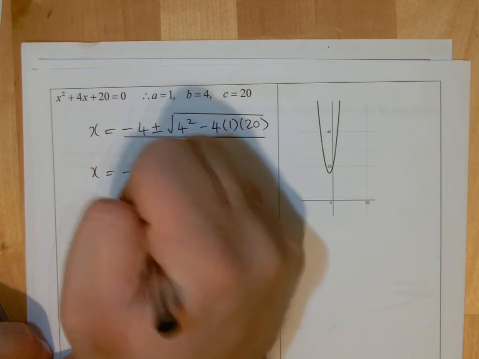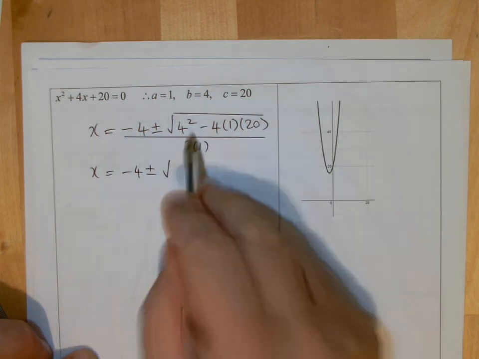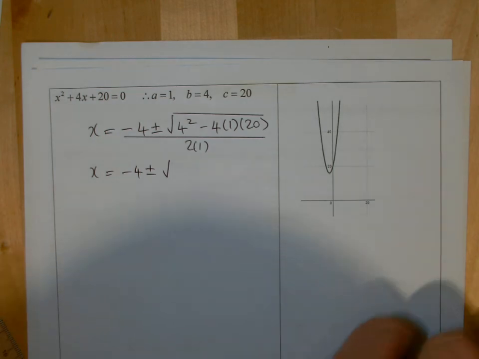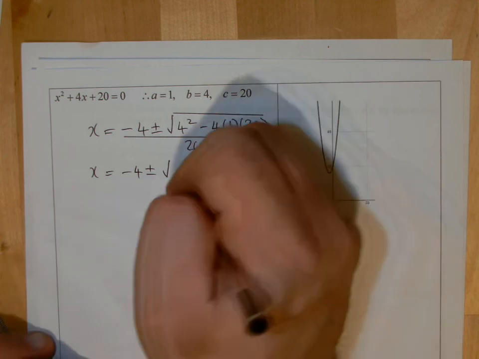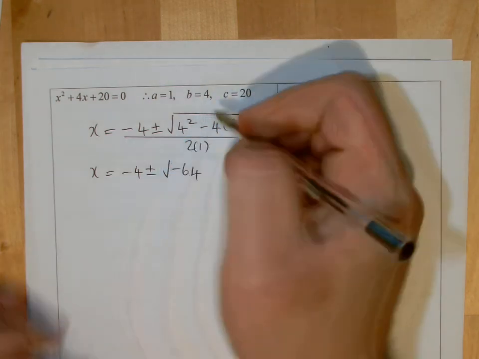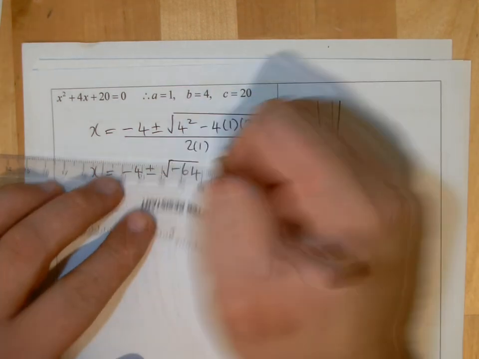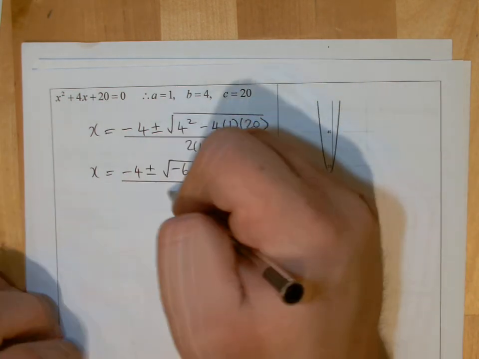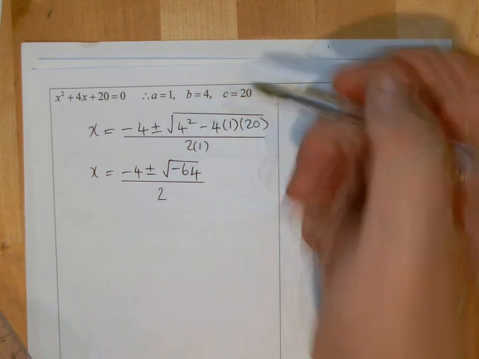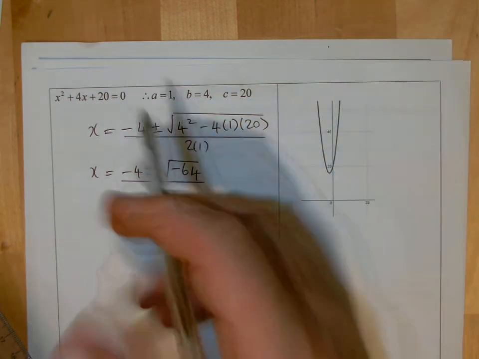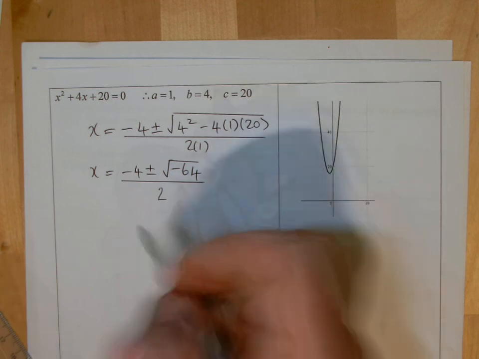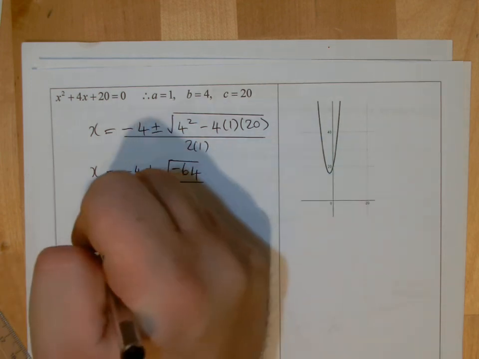Now, we're going to have a problem here because when I work that out on my calculator, I get minus 64 in here. Try and type in square root of minus 64 in your calculator and you'll realise that it won't do it. You can't square root a negative number. It'll say math error.